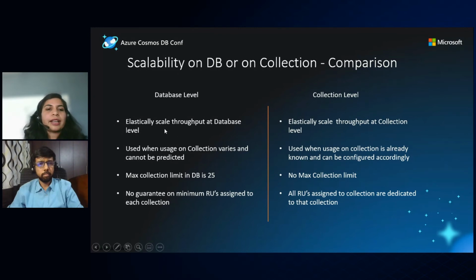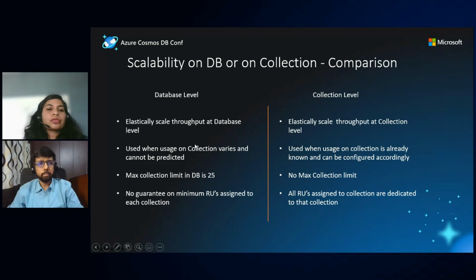In case of database level, the database could scale elastically as per the defined throughput. And if the throughput is defined at the collection level, then each collection can scale elastically to that defined autoscale limit.